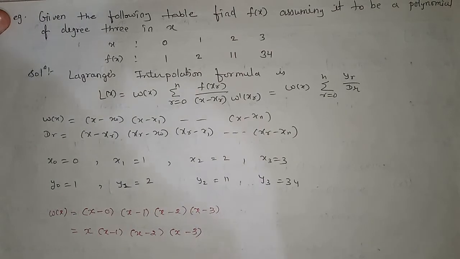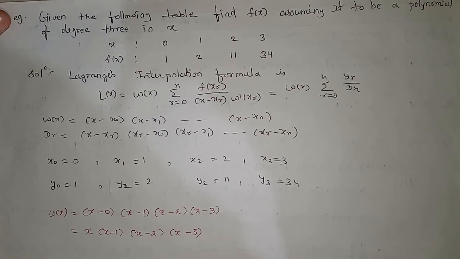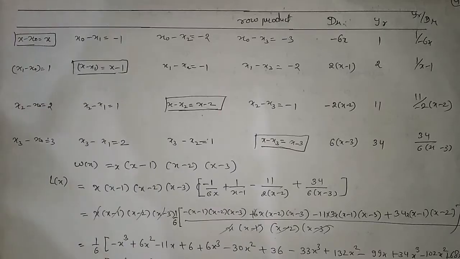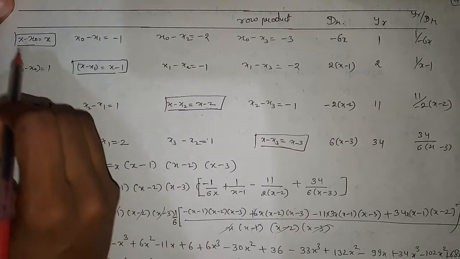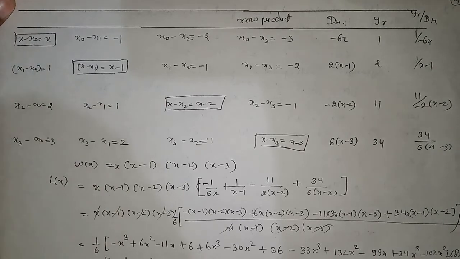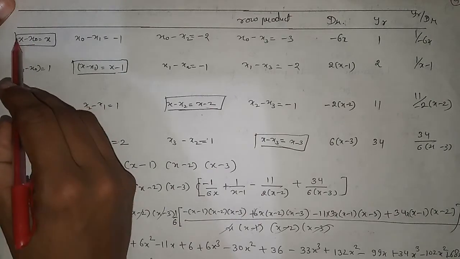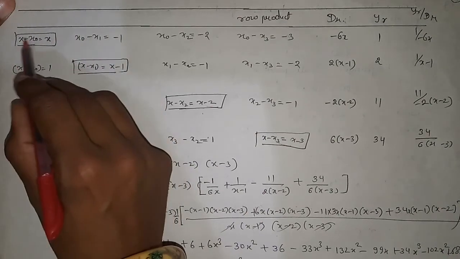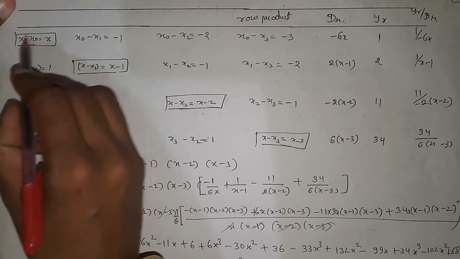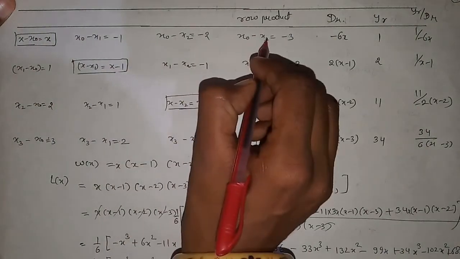Now we want to calculate L(x), but before that we will construct the Lagrange's interpolation table. So this is the table for the given question. First of all, we have 4 arguments, x0, x1, x2, x3. First row is for x0, so we will subtract all the arguments from x0.